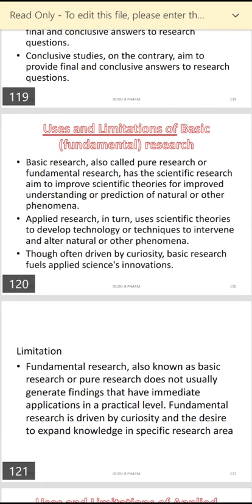Let's see the uses and limitation of basic research. But this is the general concept as we see it in section 12 of our course, of our model. We are going to discuss them more in detail. But you should have the concept of what research is according to the nature of study, according to the purpose, according to the design, and basically or generally, how are we categorizing the research?